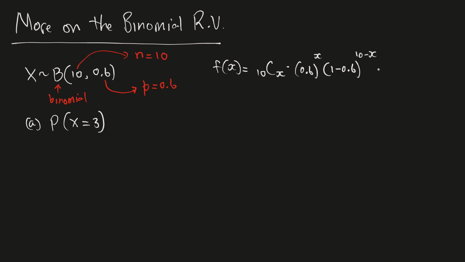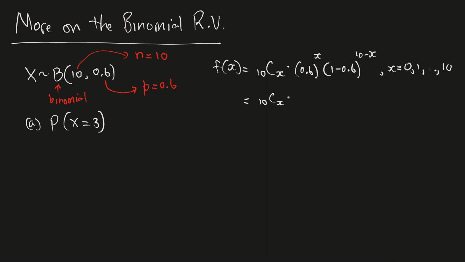And again, what are the possible values of x in a binomial random variable? Well, it goes from 0 successes up to, in this case, 10. We can't observe less than 0 successes, and we can't observe more than 10 successes. I'll go ahead and simplify this difference, but this is our formula.